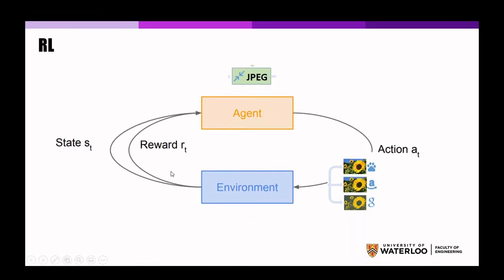Then a reward function in the environment, which is a function of size and accuracy, is given back to the agent, because the agent here is the one responsible for choosing the right decision for which action it should select: for which input image I should select which compression level or quantization factor.